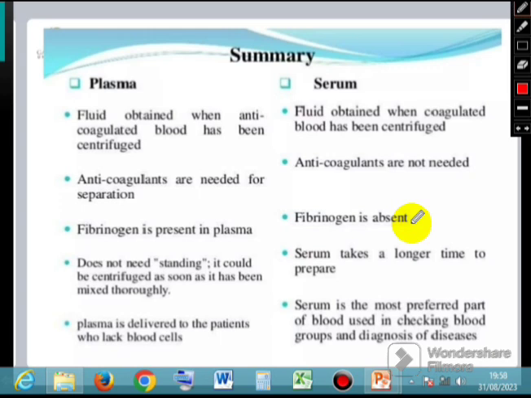Fibrinogen is present in plasma, but it is absent in serum. Plasma does not need standing. It could be centrifuged as soon as it has been mixed thoroughly. Whereas serum takes a longer time to be prepared.